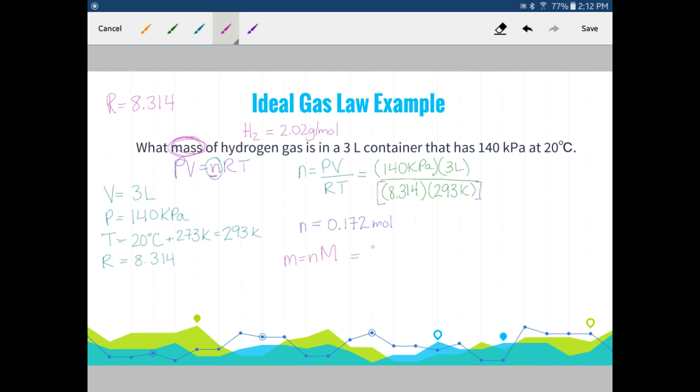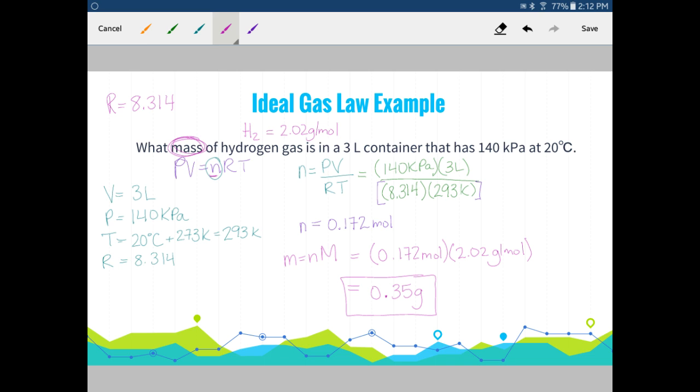So we get our moles of 0.172 moles times our 2.02 grams per mole. We'll get a unit in grams. We get our value equaling 0.35 grams of hydrogen gas.